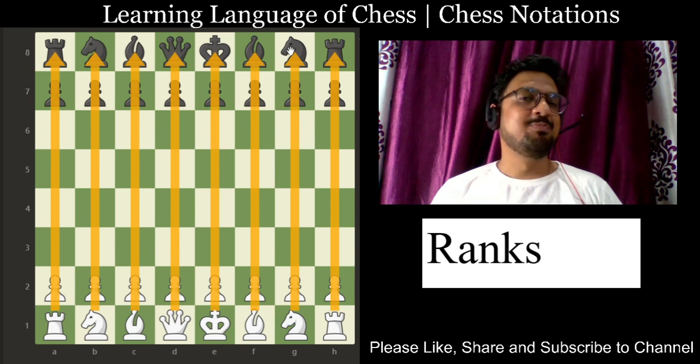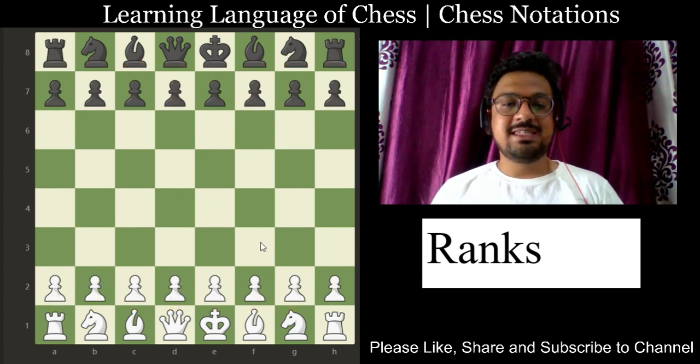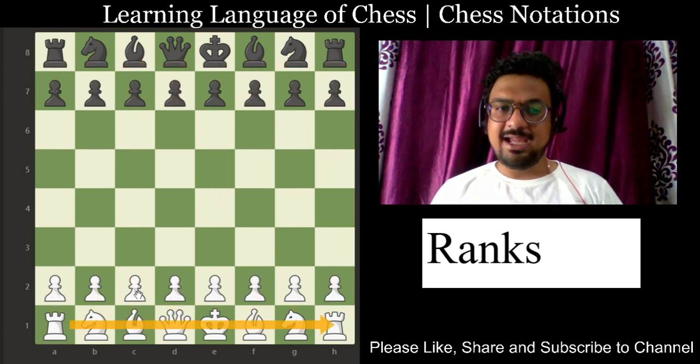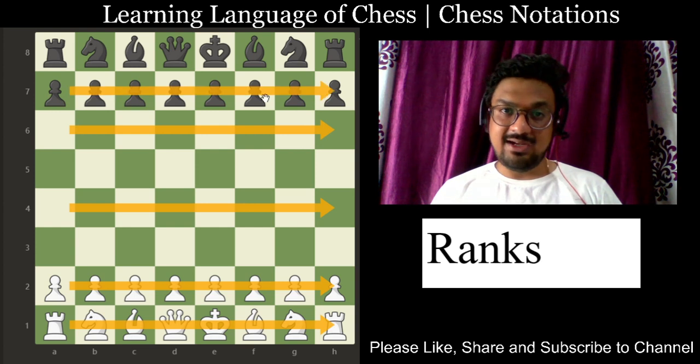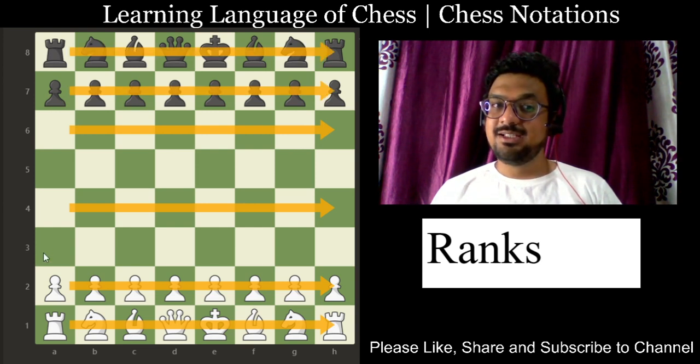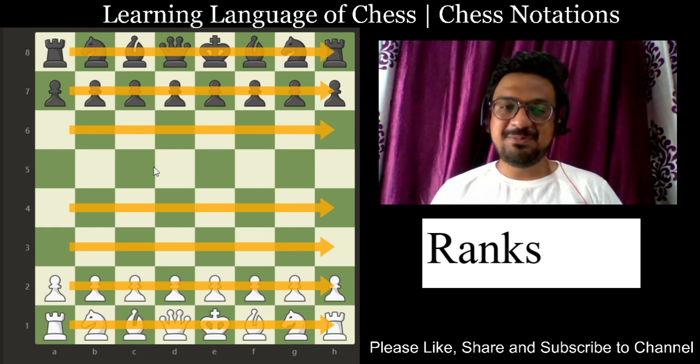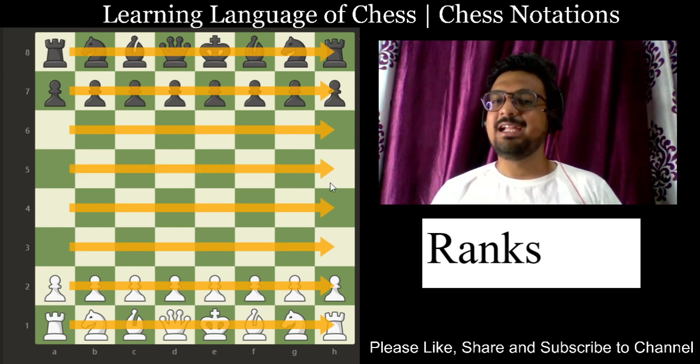Yes, you are correct, it's the G file. Similarly, first rank, second rank, fourth rank, sixth rank, seventh rank, eighth rank, third rank, and which is the rank remaining? Absolutely correct, the fifth rank.